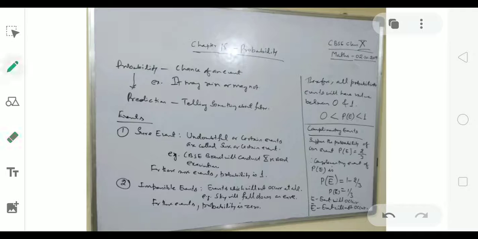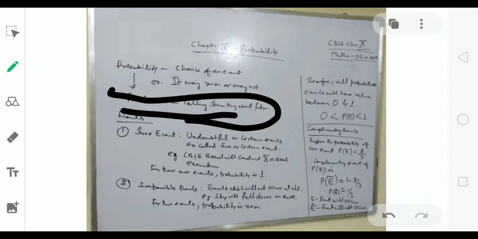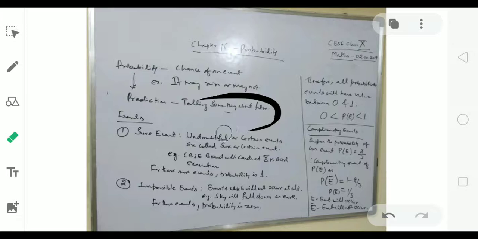Okay, right. So this probability also we can say is some sort of prediction, means telling about future. Prediction means telling about future. So in this probability chapter that prediction follows.